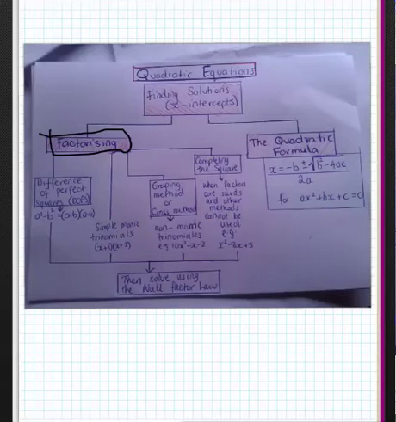And to factorize, we have learned a variety of methods, and we use these methods depending on what we have. For example, with the first one here, difference of perfect squares, we know we have to use this when we have something in the form of a squared minus b squared. So for example, if I had x squared minus 9, I would know for this quadratic equation, I will have to use the DOPS method.